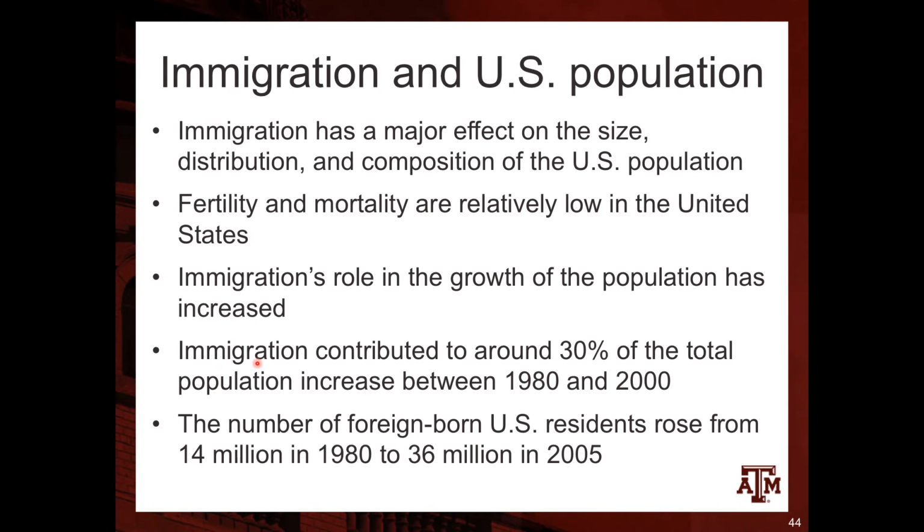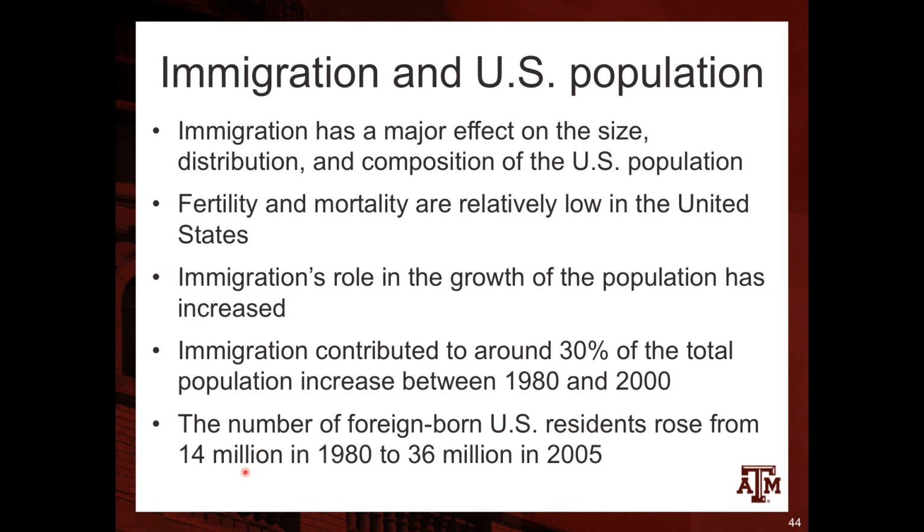We saw before that the share of the foreign-born population in the US is around 13-14%, but they contributed to around 30% of the total population increase between 1980 and 2000, exactly because immigrants tend to have higher fertility than the US-born population. And the number of foreign-born U.S.